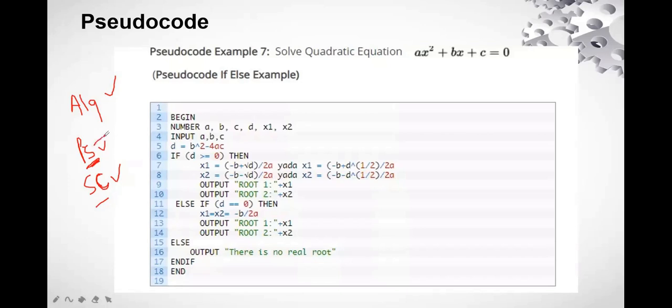So pseudocode lies between the algorithm and the source code. The algorithm is written in complete natural English language. Source code is completely coded in a specific programming language, while pseudocode gives you a feel of the code and the logic, but it is not implemented in a specific programming language.